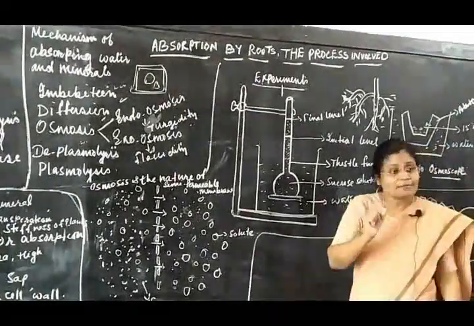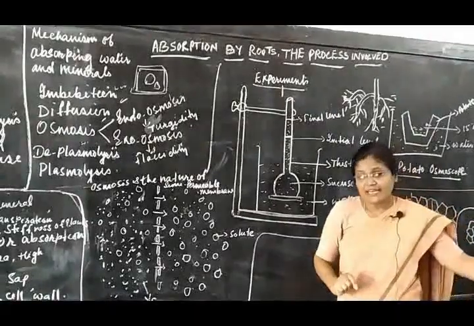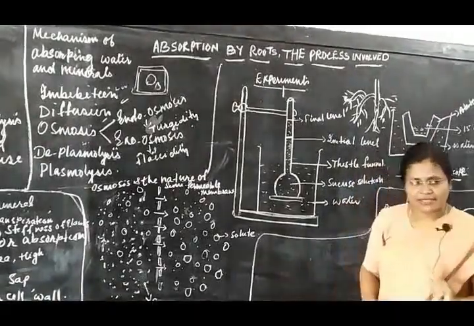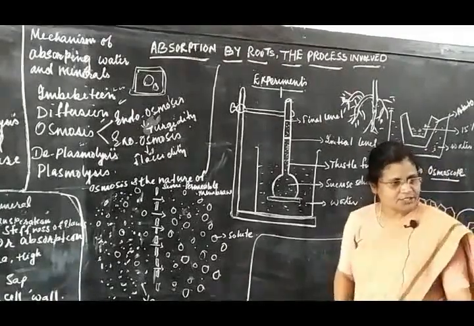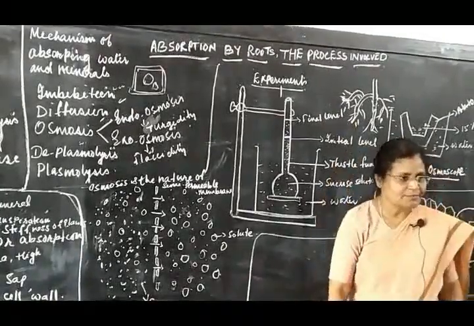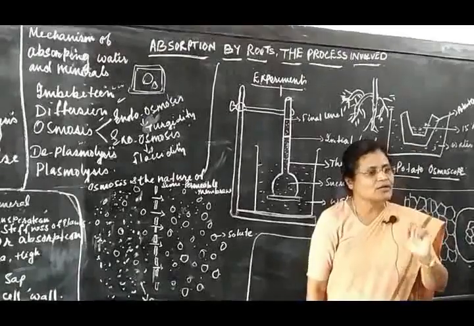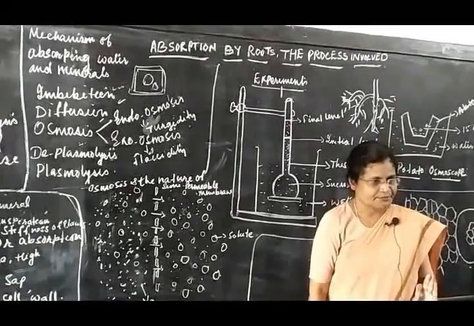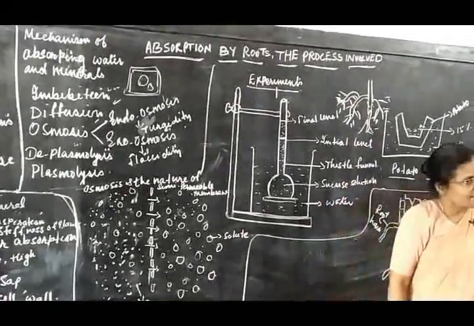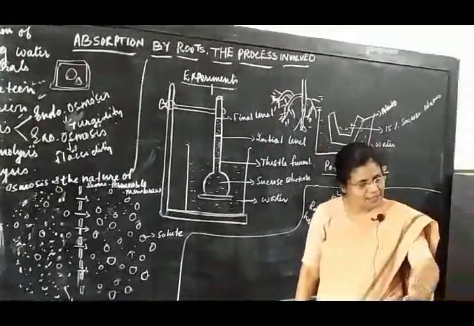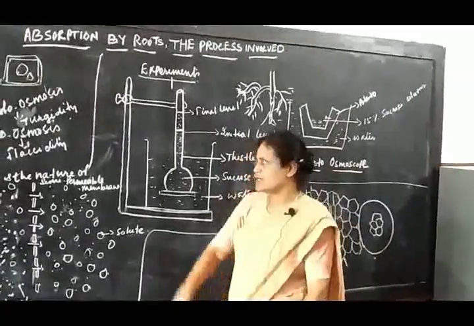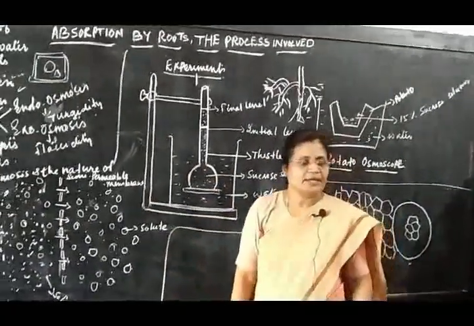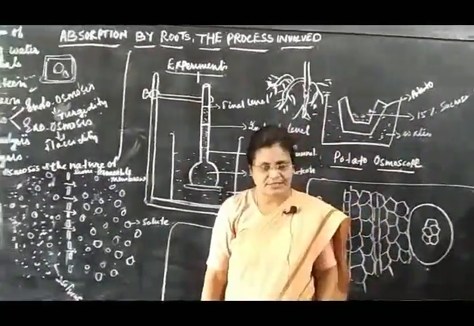So remember now the definition. The inward movement of water molecules from the region of higher concentration to the region of lower concentration through a semi-permeable membrane is called endo-osmosis.